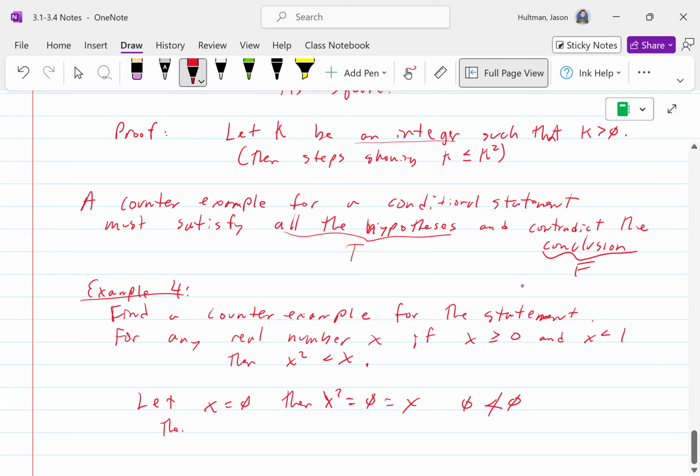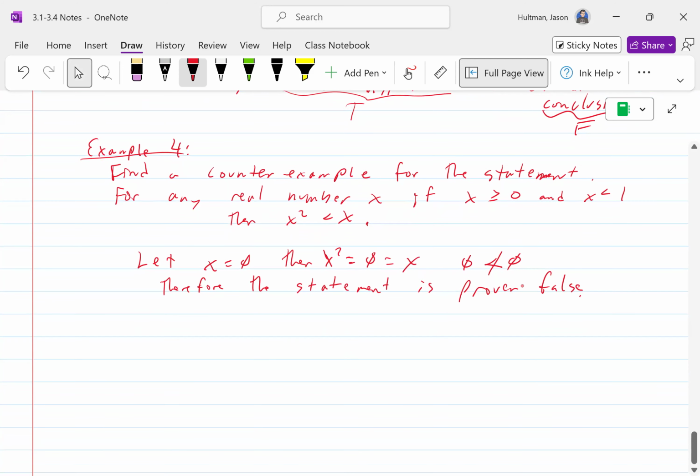Therefore, the statement is proven false. Now, it wouldn't be false if we got rid of 0. It would actually be a true statement, and then we'd have to actually prove it. But in this case, we can just throw up a counterexample and disprove the statement.